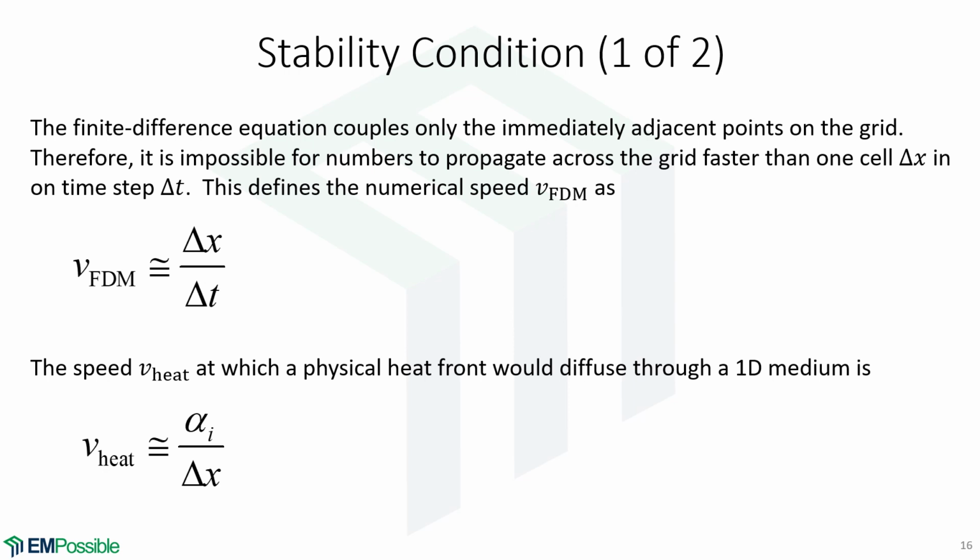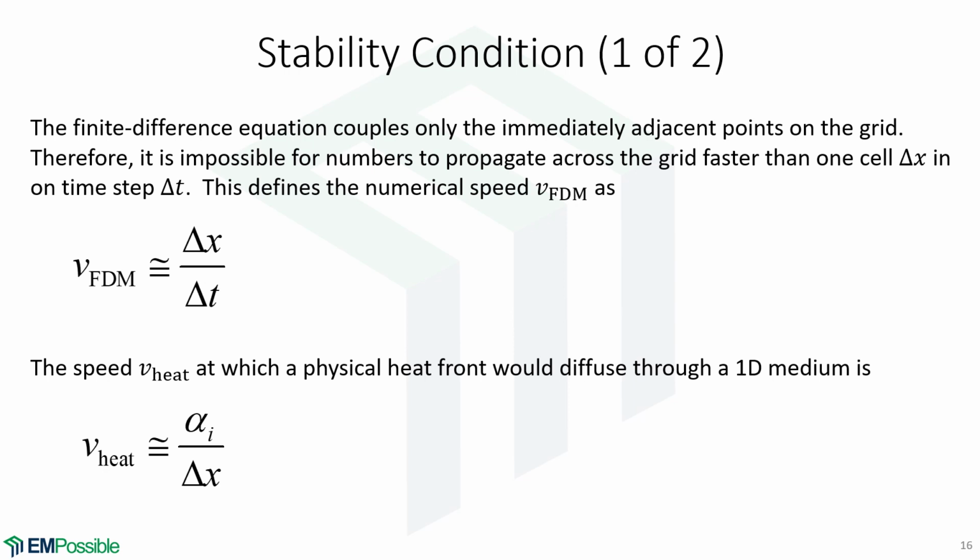Now, the physical wave, the speed of heat, is sort of a controversial thing. Some people don't even like that concept, but we can roughly write it this way. It's the thermal diffusivity over this delta x parameter, our grid resolution. And so in a one-dimensional medium, that is approximately the speed that heat will travel. Now, let's say I've calculated my time step incorrectly, and the heat would actually have to travel 5 cells in one time step.